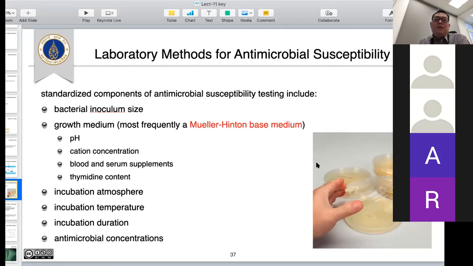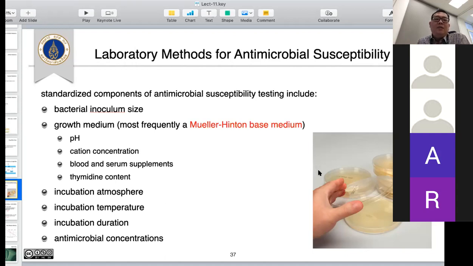When a patient gets infected with Staph aureus, knowing the antibiotic resistance is very useful for treatment, okay? Because the doctor wants to know whether penicillin can be used or not, or vancomycin can be used or not.